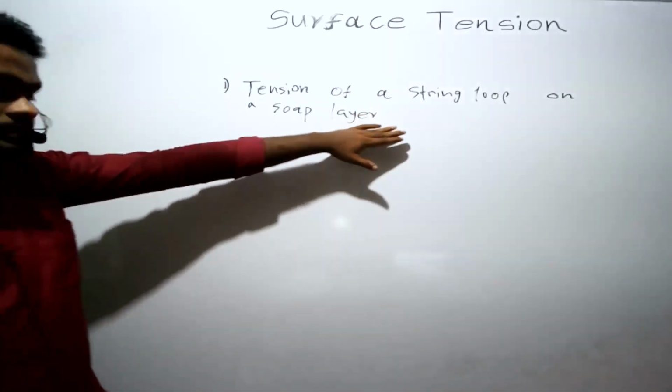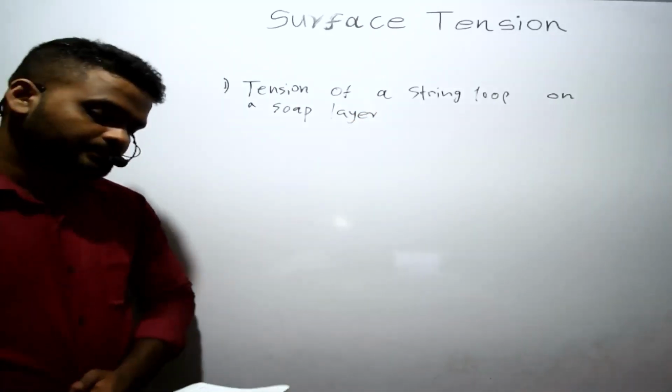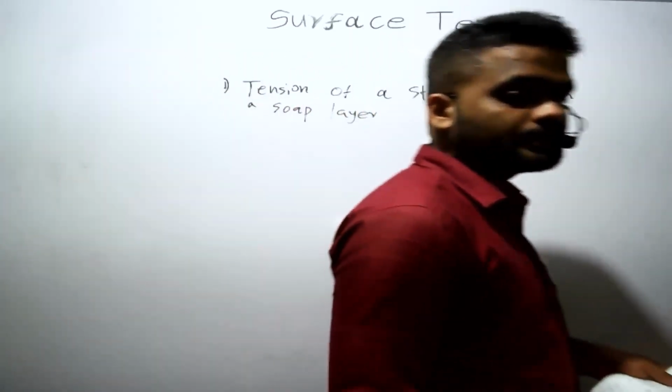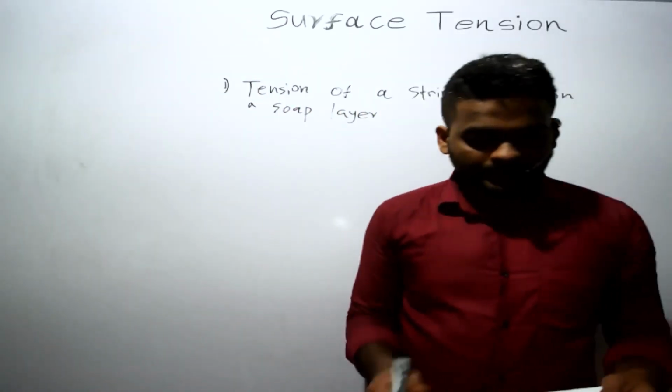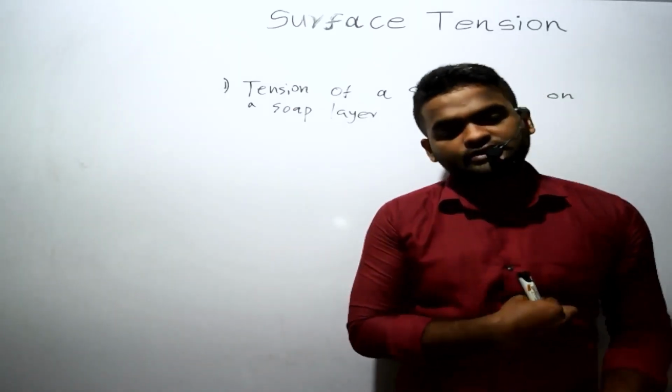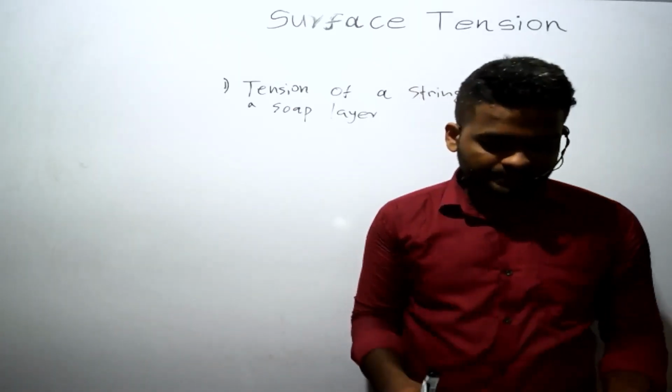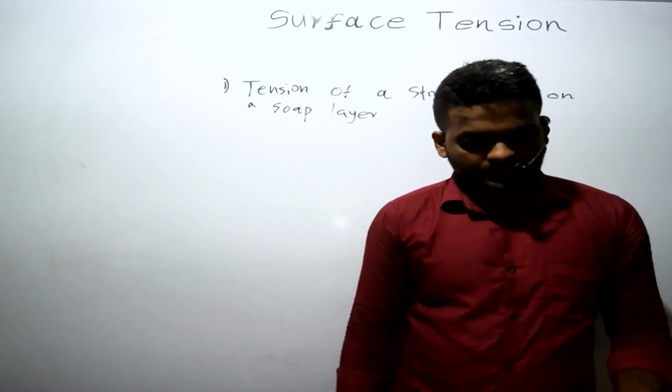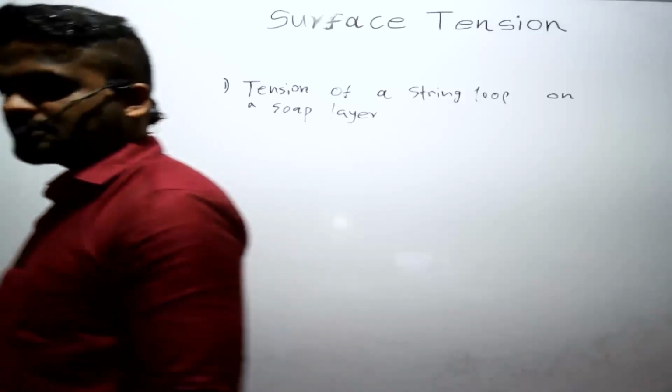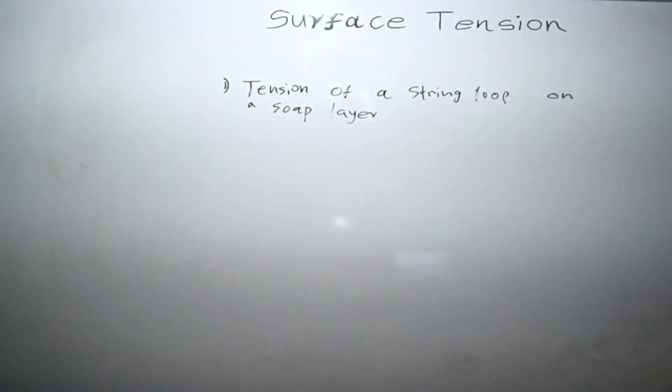Quickly take the note. When a string loop is put on a soap layer, surface tension forces are applied inwards and outwards on the string.